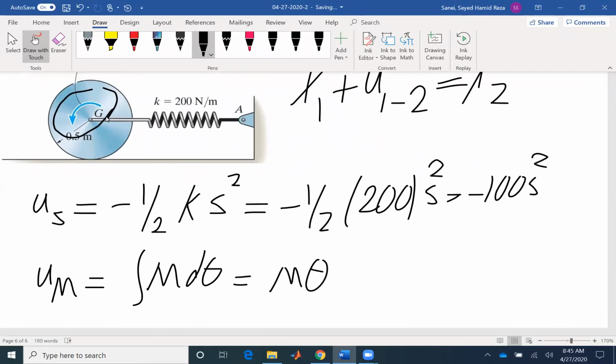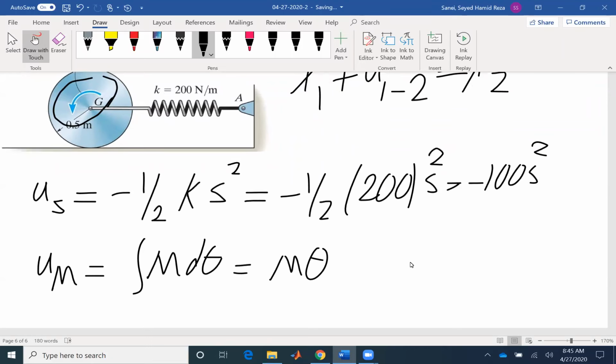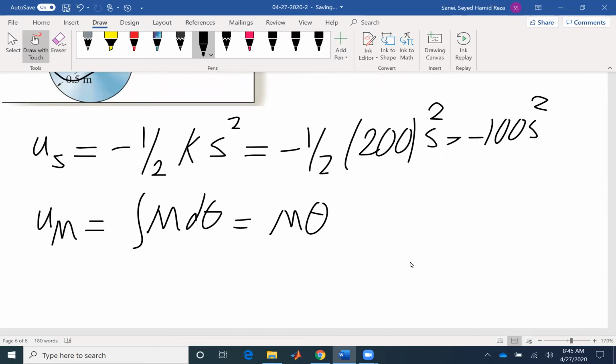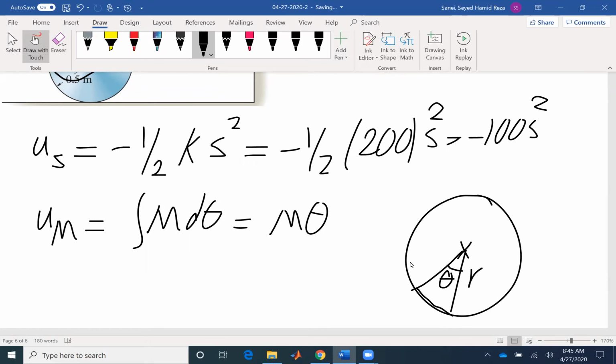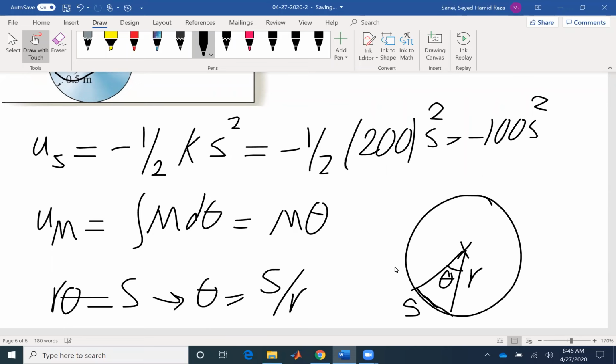If we have more rotation, more theta, we're going to have higher s. If I draw here, you will see if this is r, and this is theta, this is your s. So r theta equals s. So instead of theta, I could write s over r.